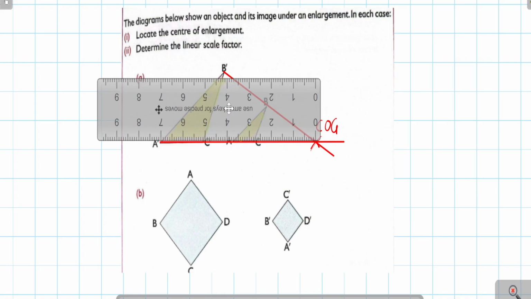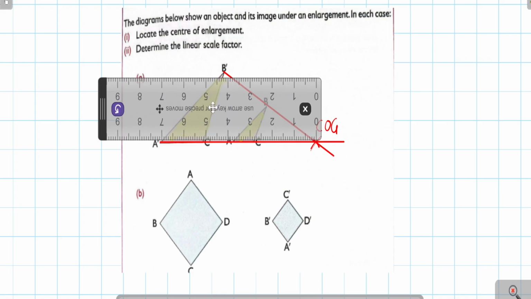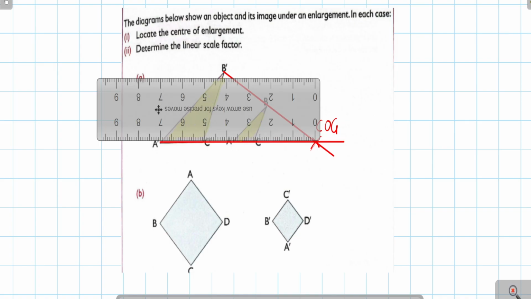So the distance from the center of enlargement to its image ni around 7. So let's say O A prime sawa ni 7 hapo.